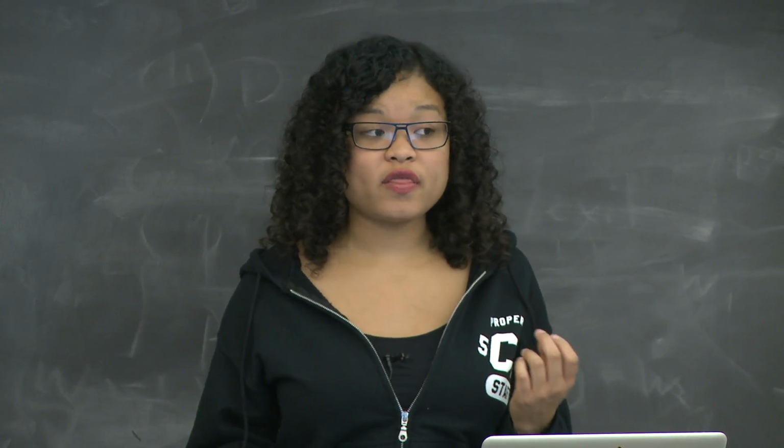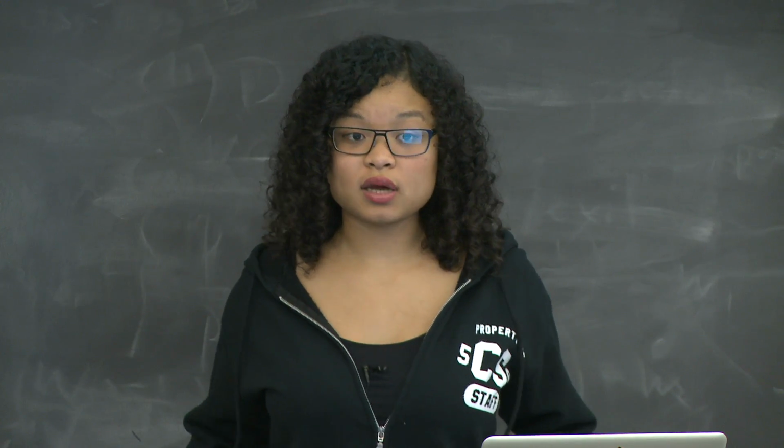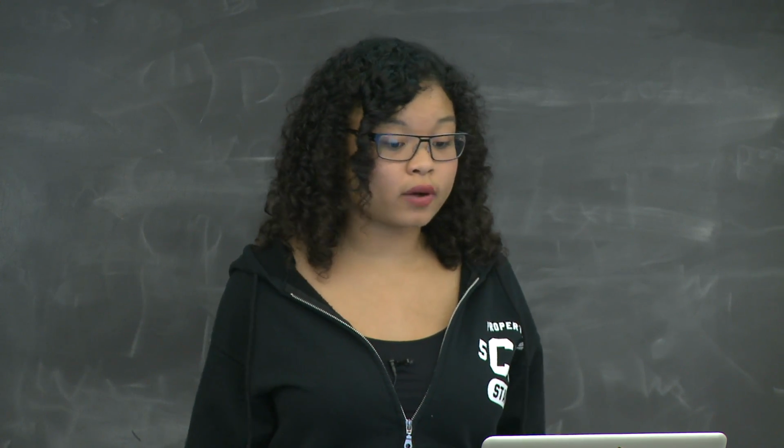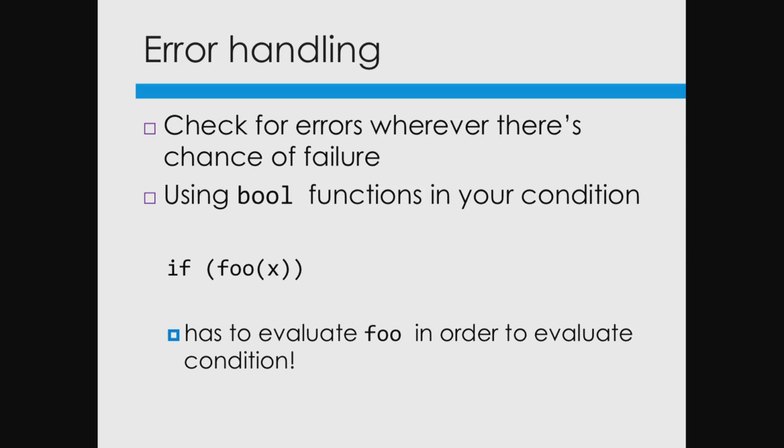If it's false, then we're going to want to print some kind of message and then quit the program. So what we want to do is check the return value of foo. If foo returns false, then we know that we encountered some kind of error and we need to quit our program.